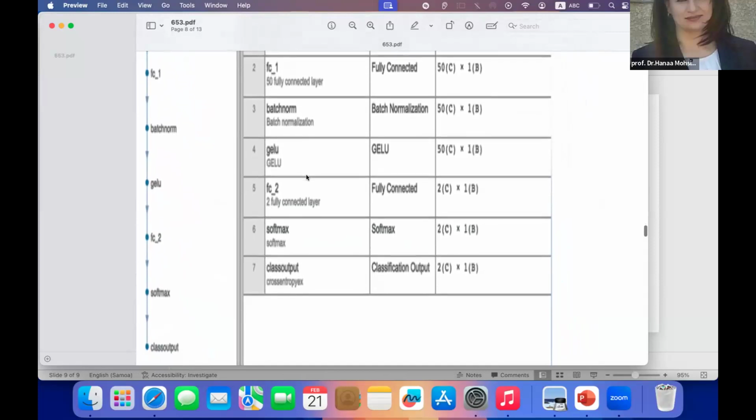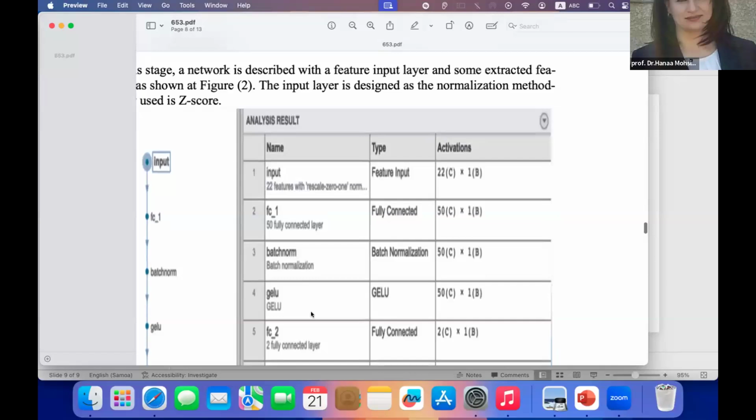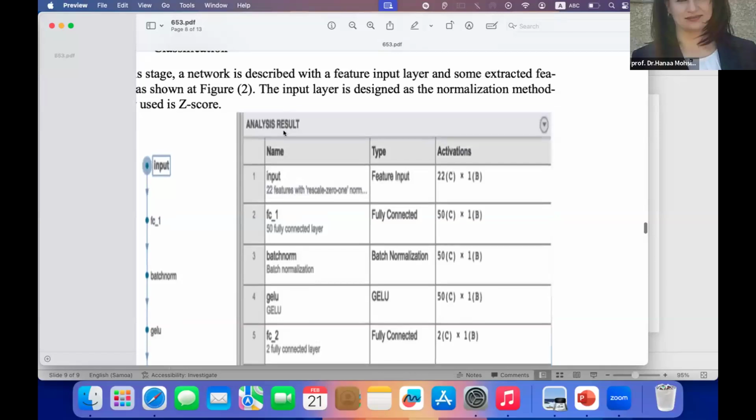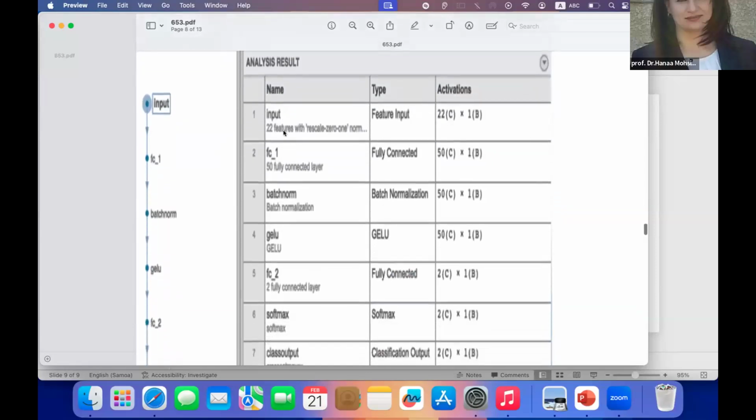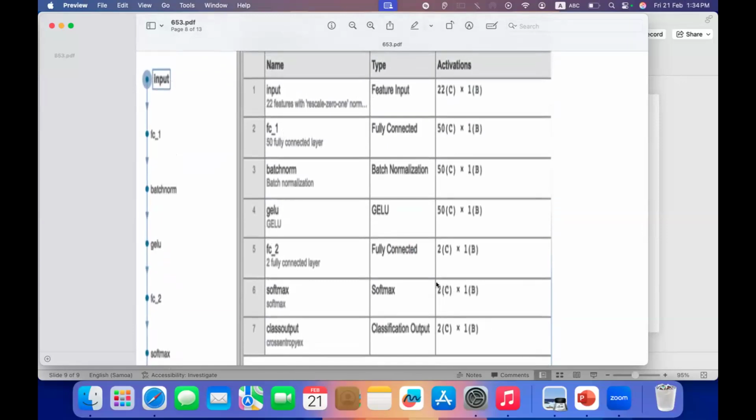Then also a fully connected layer, softmax, and dropout class as a final layer. This is the deep learning model which I used. Okay, thank you.